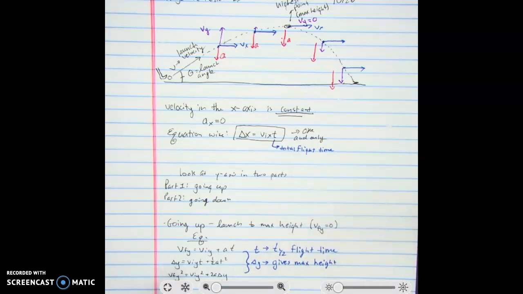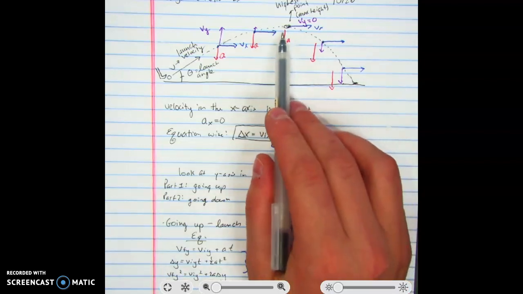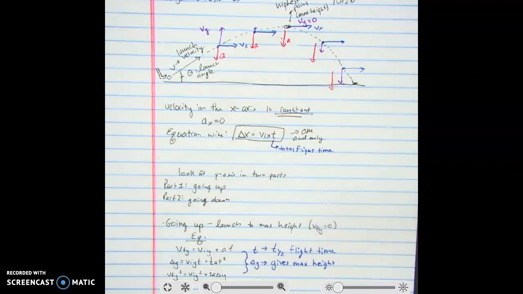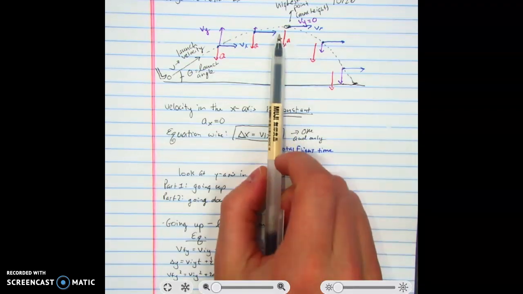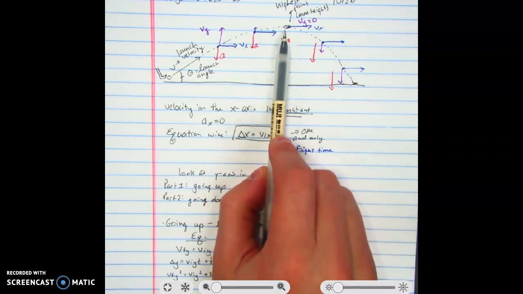Okay, so if I use the second equation or the third equation, solving for delta Y would give me the maximum height of this launch, and then this should make sense that your final velocity in the Y should be 0, because remember at the highest point of this projectile, all the upward velocity is gone.